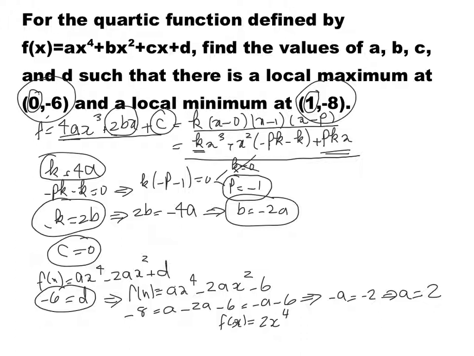B we know is equal to negative 2a, so b becomes negative 2 times 2, which is negative 4, so it's negative 4x squared, plus cx, c is equal to 0, so that term is gone, plus d is negative 6. So our equation is 2x to the 4 minus 4x squared minus 6.